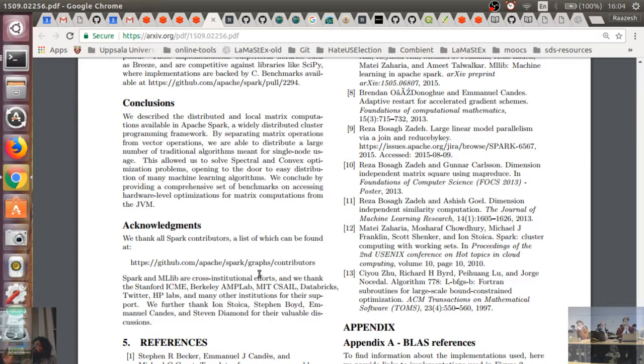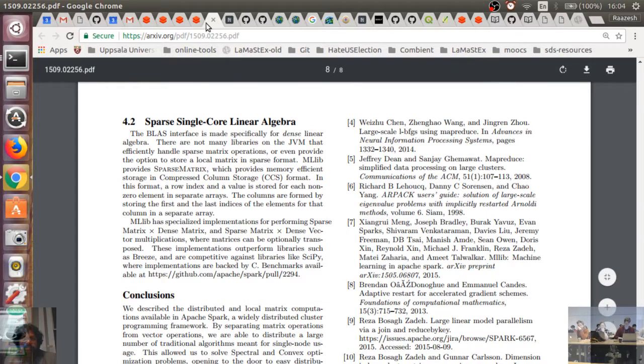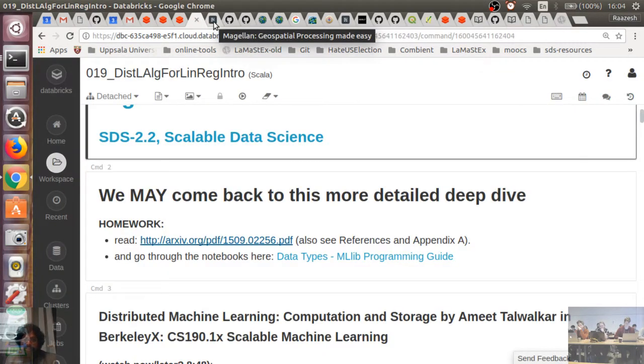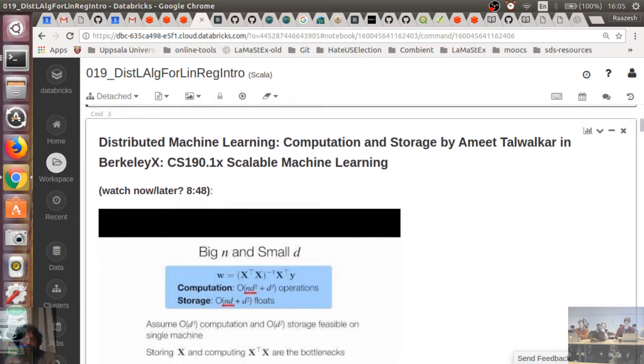But there the asymptotics are only two dimensions, right? Space and time. How much CPU time and how much memory does it take? But now in this world, they also have to worry about minimizing communication costs between machines. So the asymptotic justifications are tridimensional now.